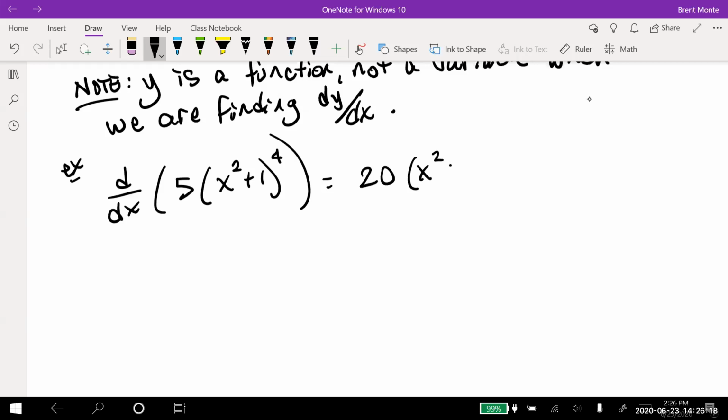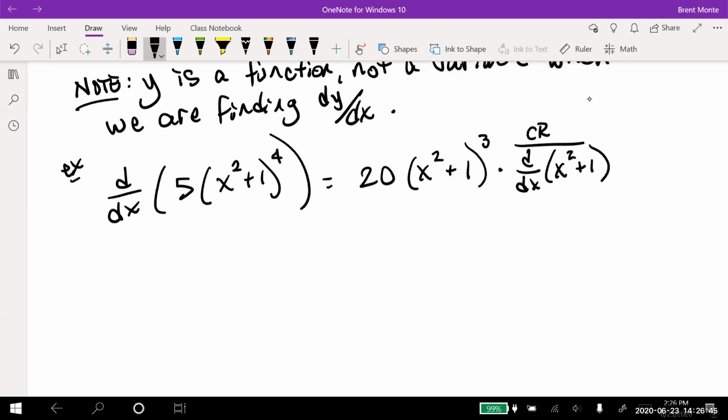The x squared plus 1 stays, raised to the 3rd power. But then we'd say, oh, chain rule, times the derivative of the stuff inside. So the derivative of the stuff inside is the derivative of that x squared plus 1. And we know what that is. That's 2x, but that's not my point here, my point is that we're doing the chain rule. We're doing the derivative of the stuff inside.